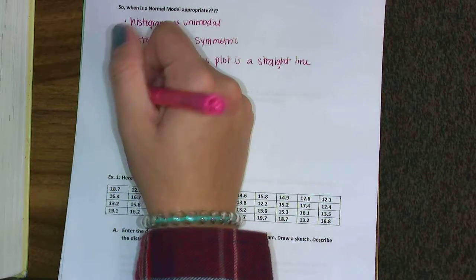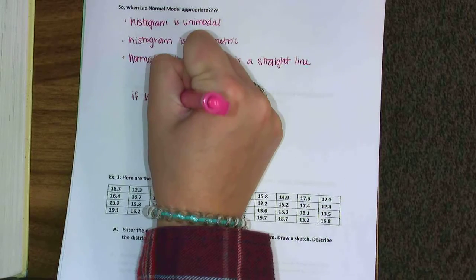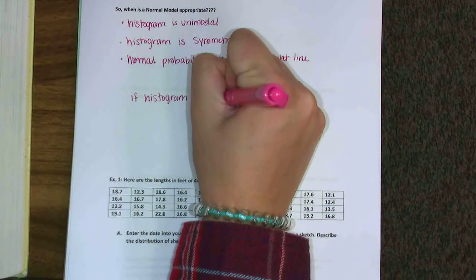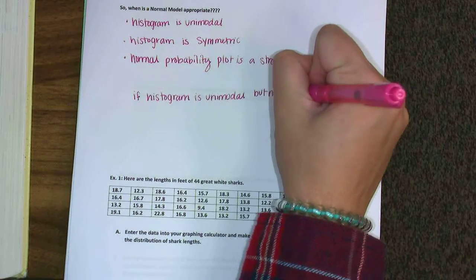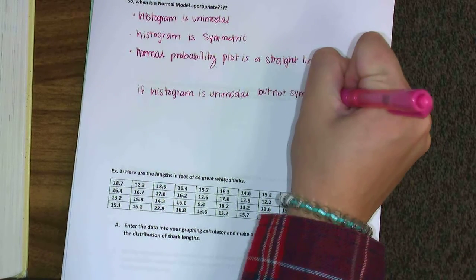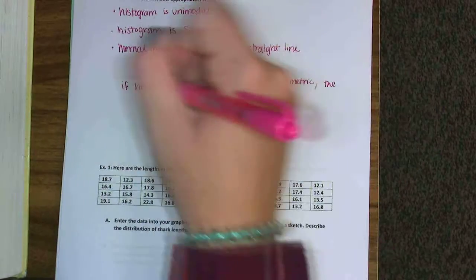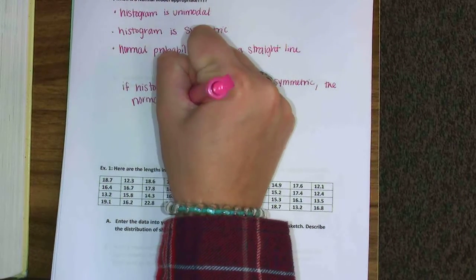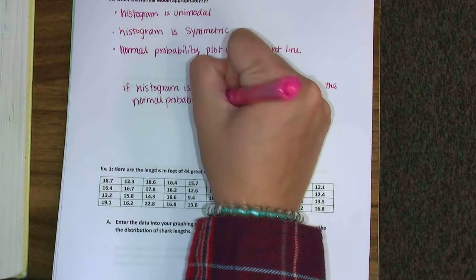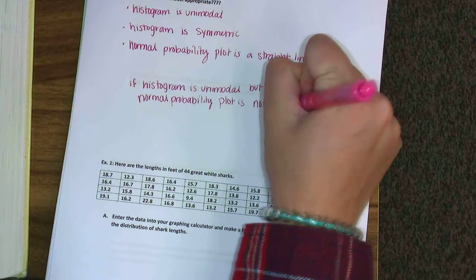So if the histogram is unimodal but not symmetric, the normal probability plot is not linear, and thus we can't use the normal model.